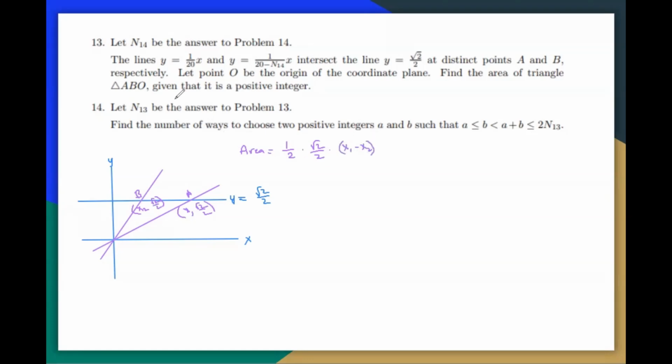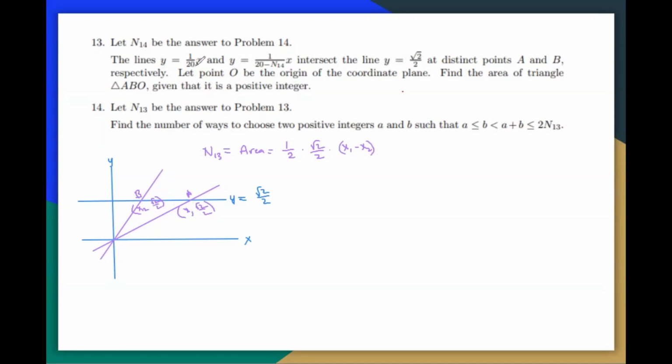We are told this is the answer to question 13, and question 14 says the N of 13 is the answer to question 13, which means whatever we get from here is going to be N of 13. But we kind of need to know this one, and we never used this information, which means we probably want to use that. This is a point going through one of these lines.